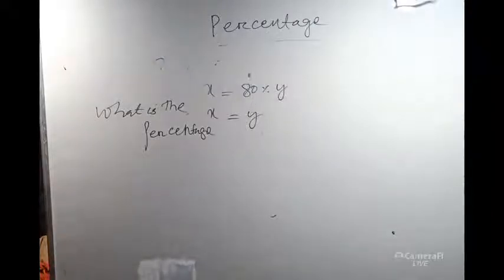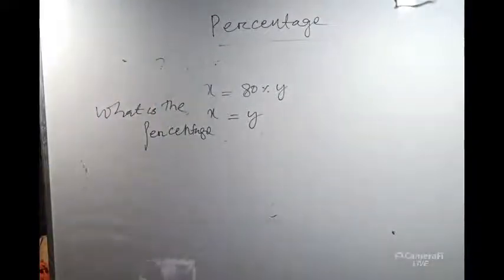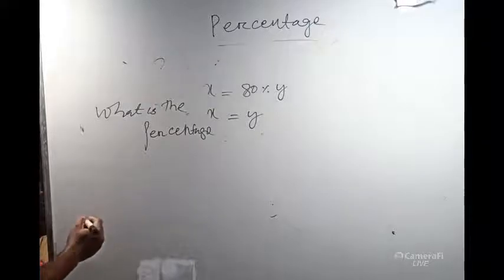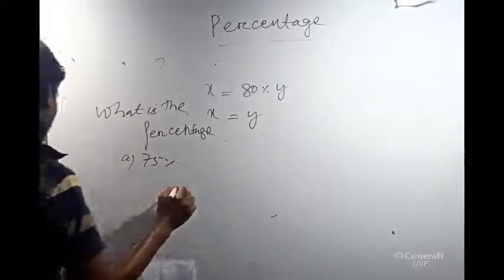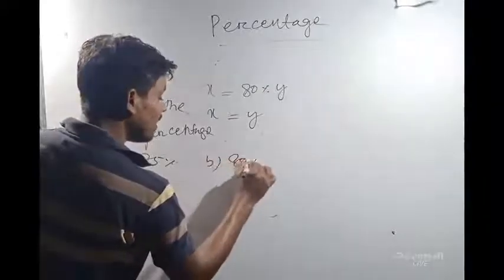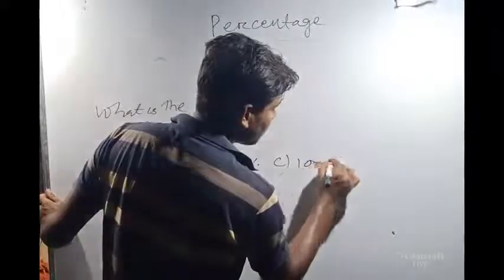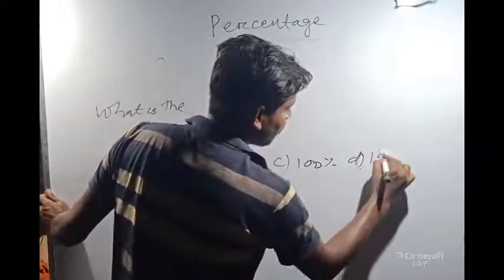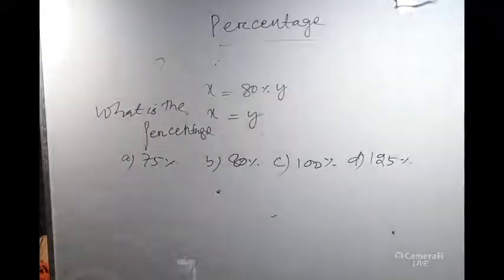If X is 80% of Y, what percent of X is Y? Now, options: A equal 75%, B equal 80%, C equal 100%, and D equal 125%.